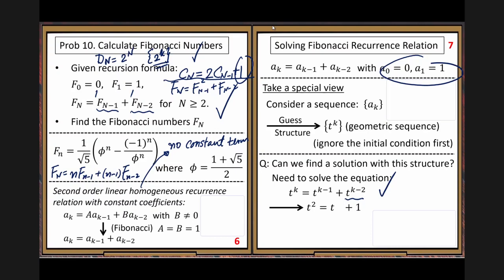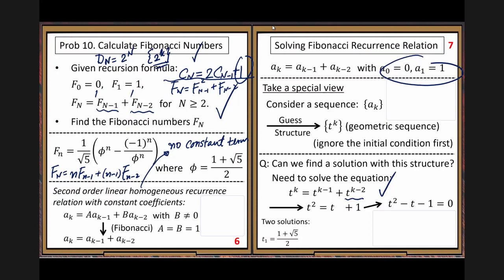The golden ratio, remember? It is the quadratic equation that we used to find the golden ratio, right? All right, so t squared minus t minus 1, okay? We have the quadratic formula to find a solution. Let's apply the quadratic formula. There are two solutions.